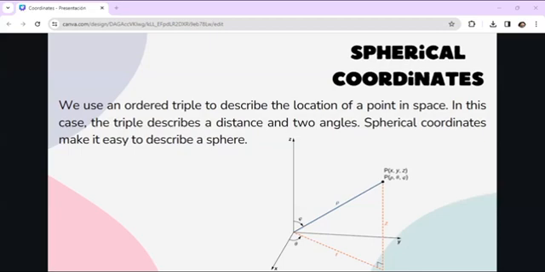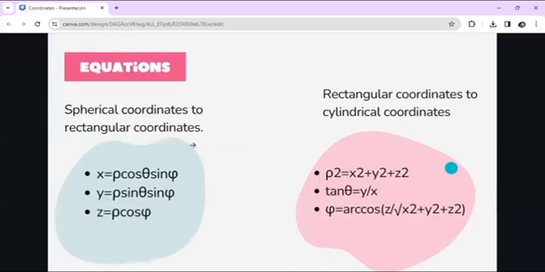And we have again an image to understand and show the behavior of the spherical coordinates, and we have the equations to resolve the examples below.